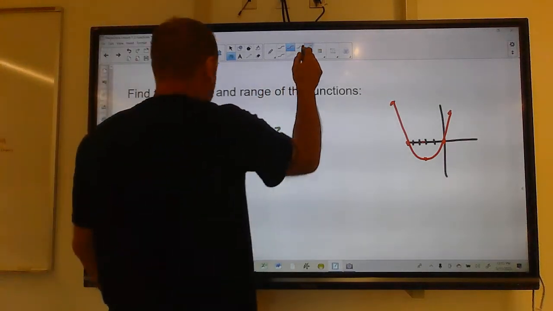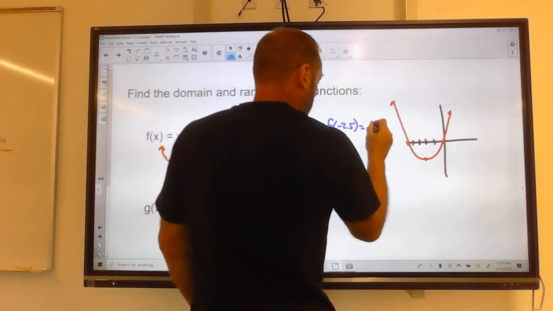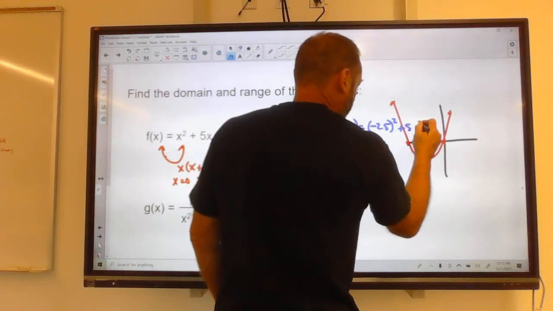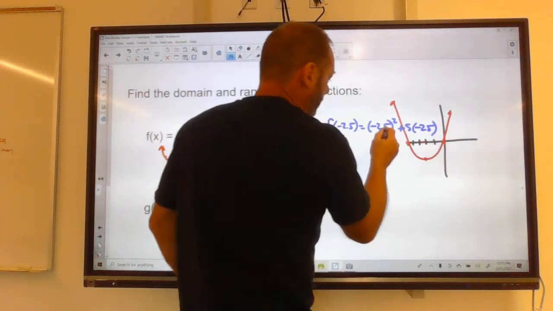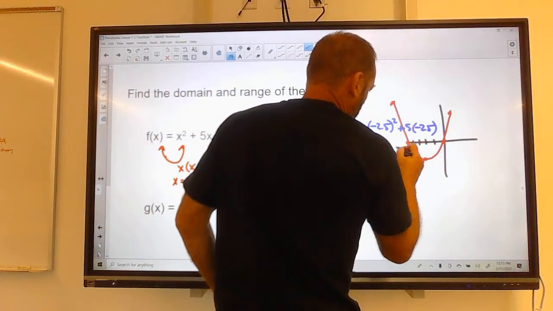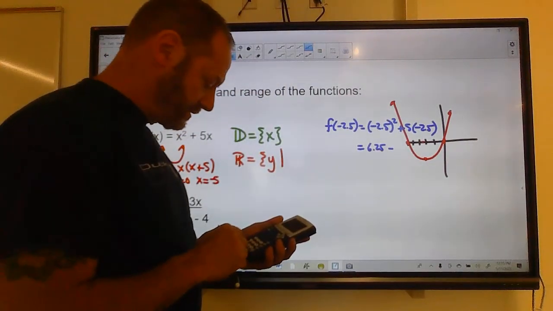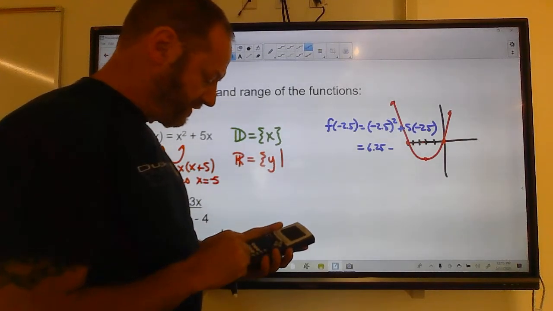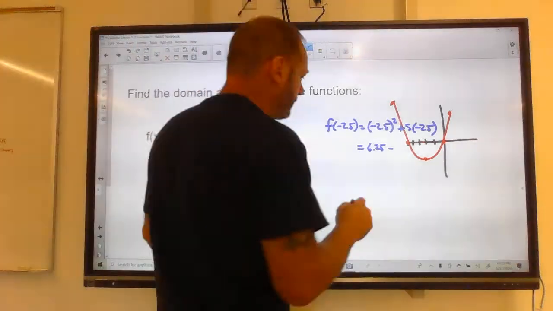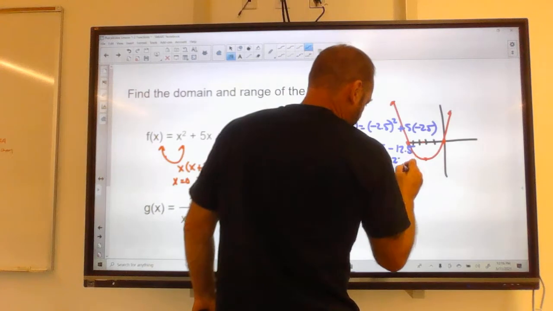So f of negative 2.5 is going to be negative 2.5 squared plus 5 times negative 2.5. Well, that's going to be positive 6.25 plus 5 times negative 2.5, that's negative 12.5, which is negative 6.25.